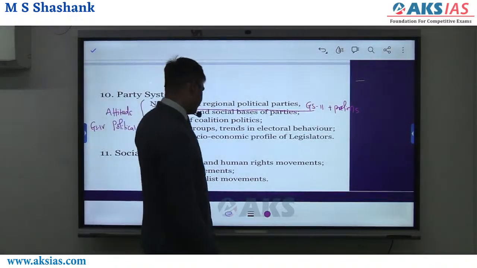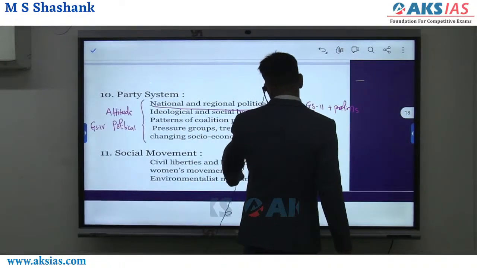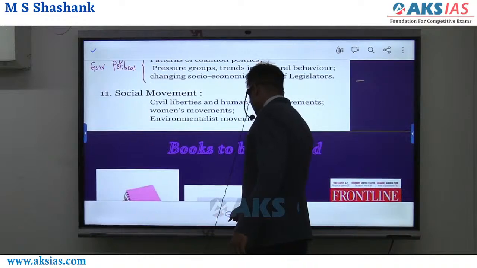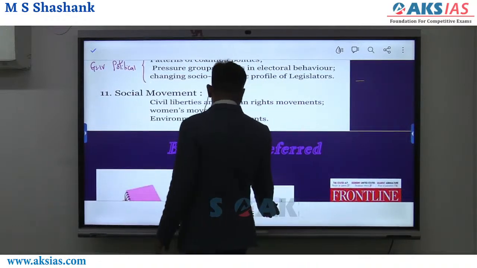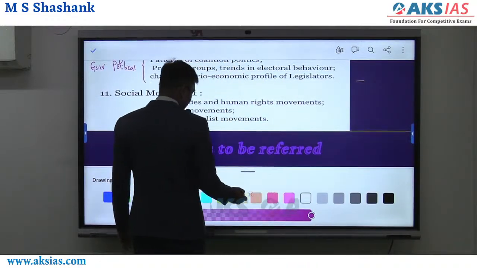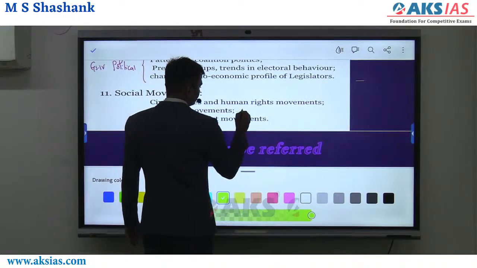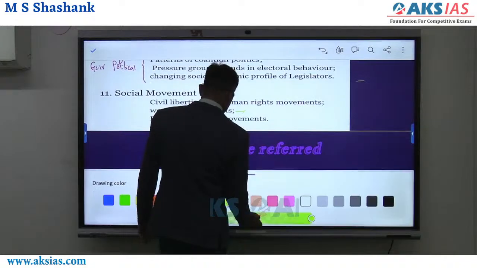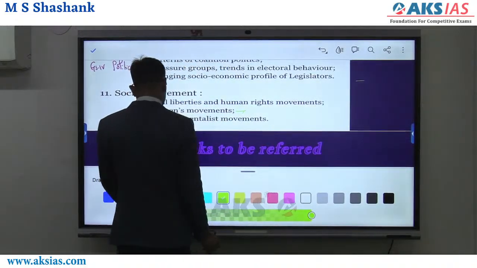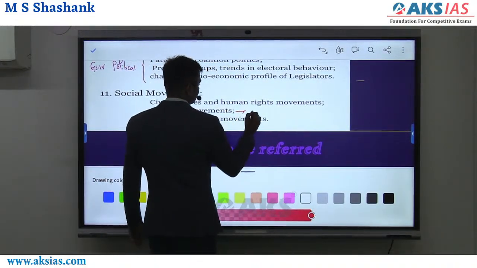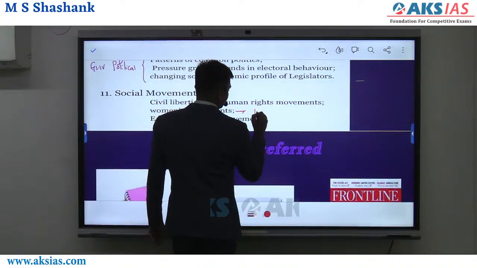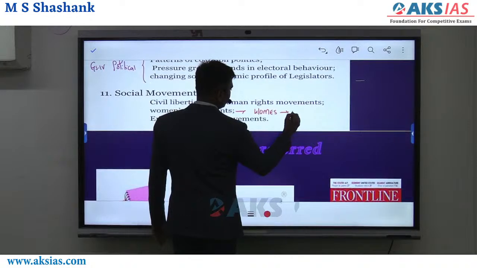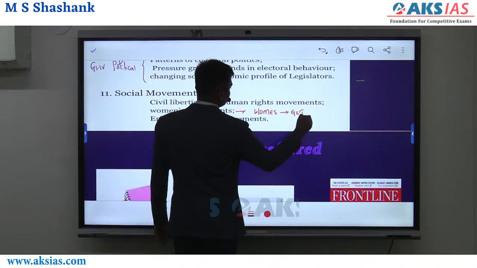Last one, human rights, women's movements. Women's movements, you have Indian society chapter. Role of women's and women's organizations and women's movement, GS paper 1 society.